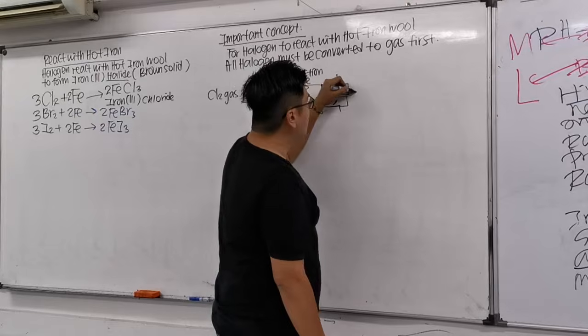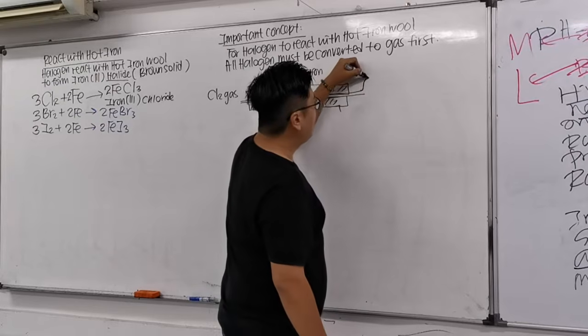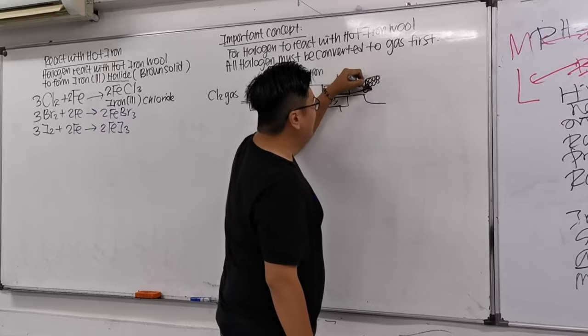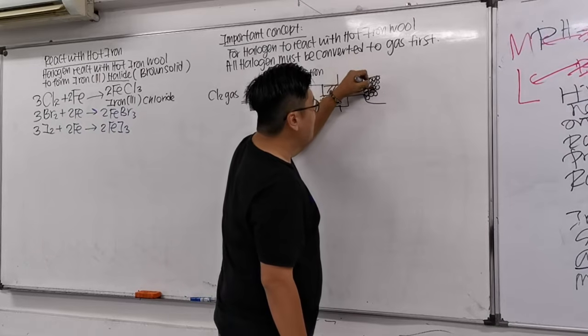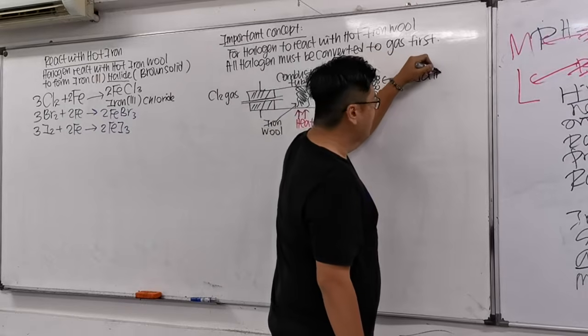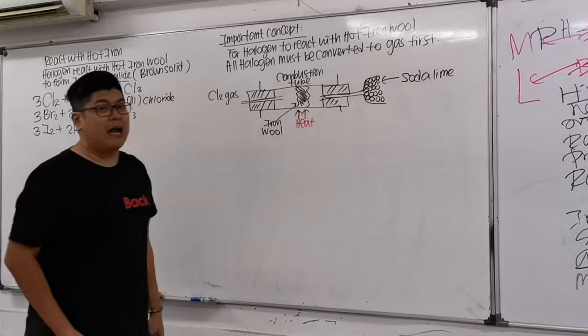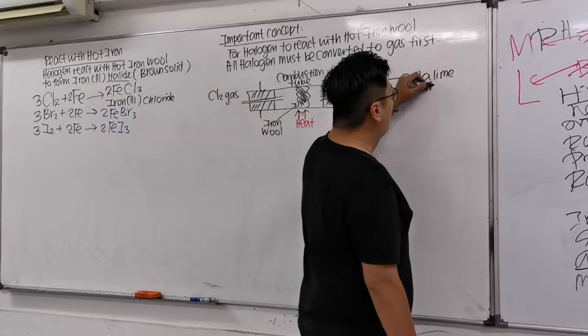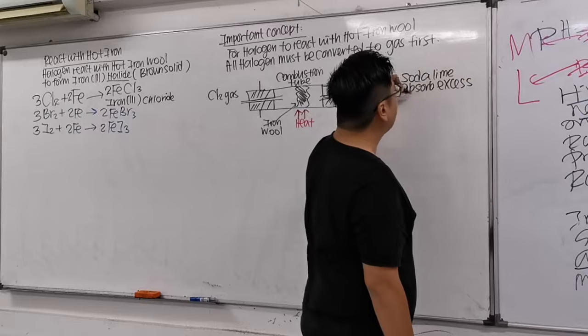At the back, you don't need to know how to draw this picture. You must connect with some special gel, a bit like the silica gel in your daily life. This gel is actually called soda lime. This soda lime will help you to absorb all the excess halogen gas.